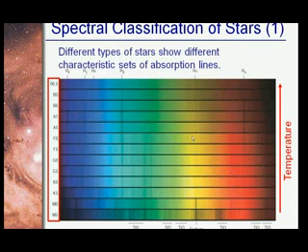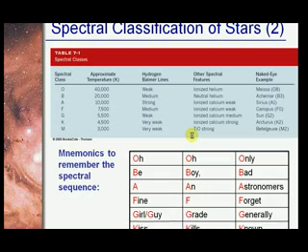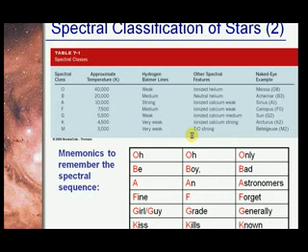So how can we learn the spectral types? The spectral types are O, B, A, F, G, K, M. There are many mnemonics, such as: Oh, Be A Fine Girl, Kiss Me; Oh Boy, An F Grade Kills Me; and Only Bad Astronomers Forget Generally Known Mnemonics.